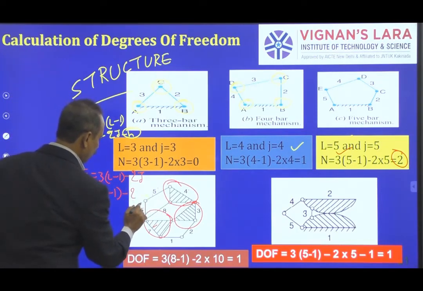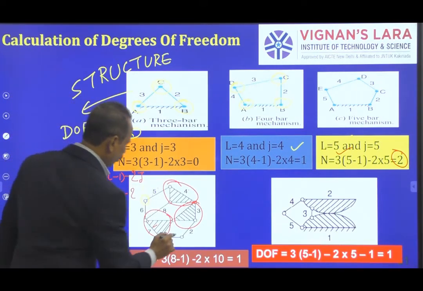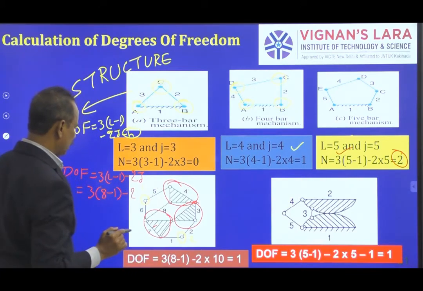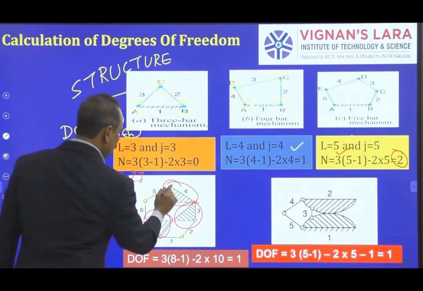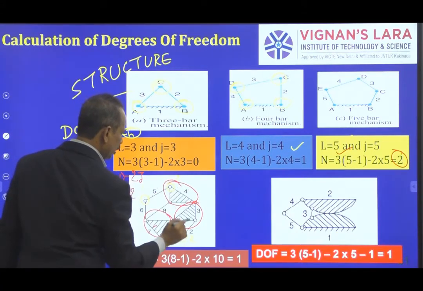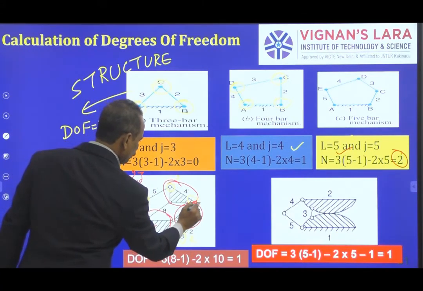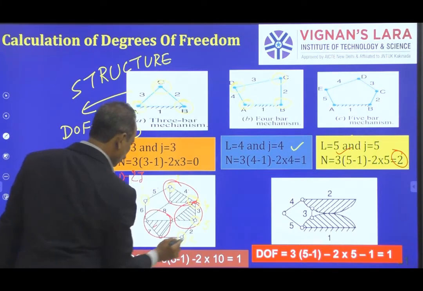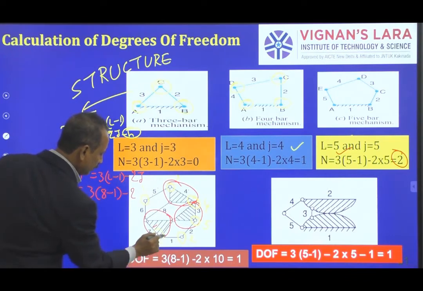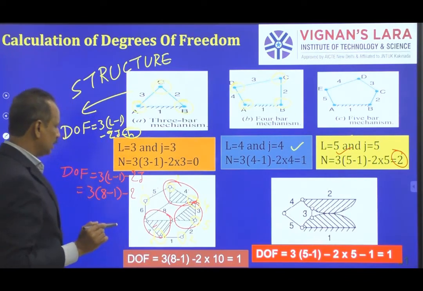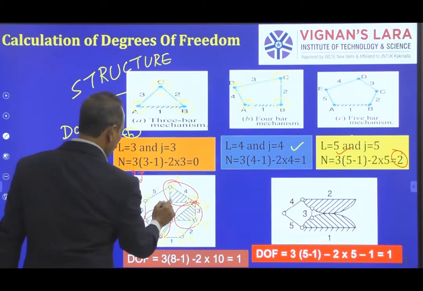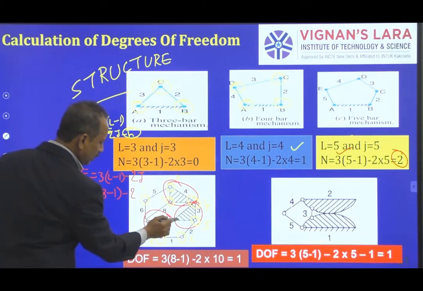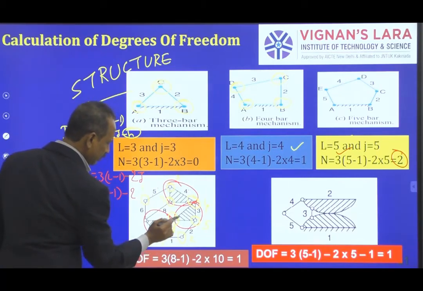Binary 1, then binary 2, then binary 3, then binary 4, binary 5, then binary 6, then this is also binary 7, this is also binary 8.